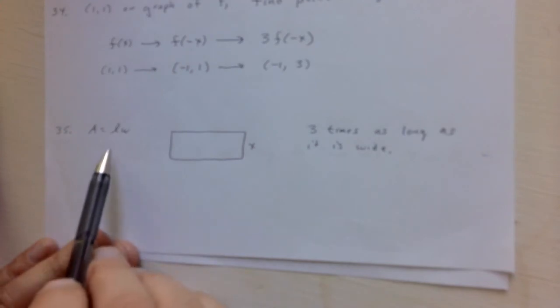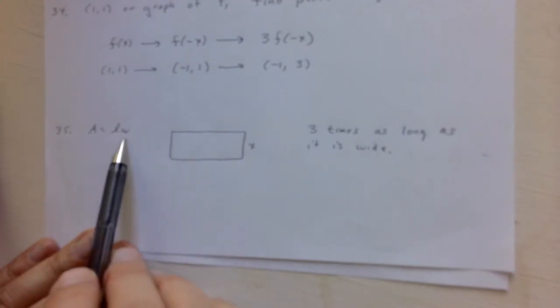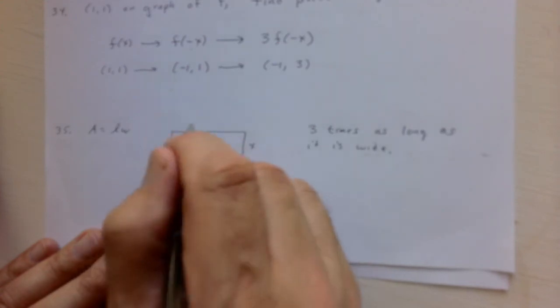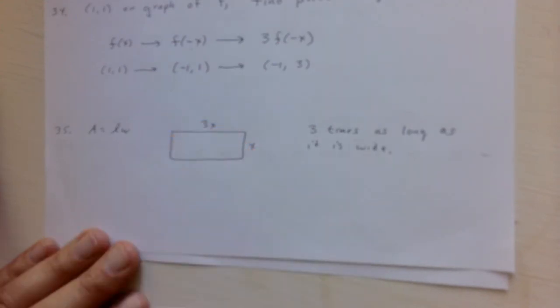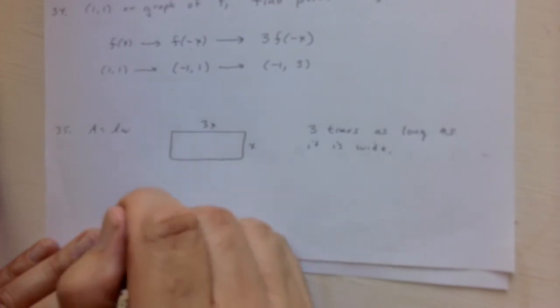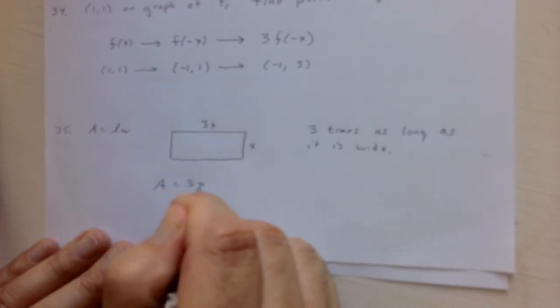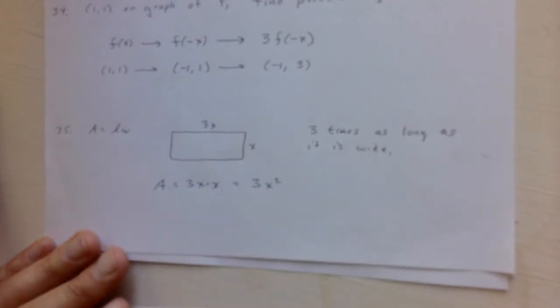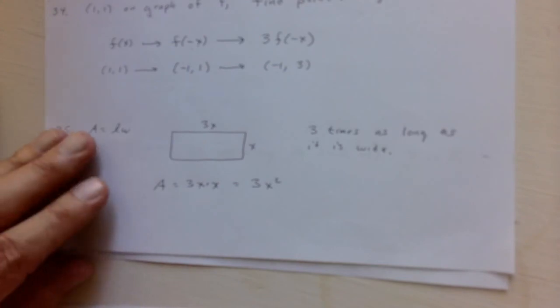Well, in this case our w becomes x. We want to find the length. Well, the length is going to be 3 times the width. So the area is going to be 3x times x, or 3x squared. So that is the area in this case.